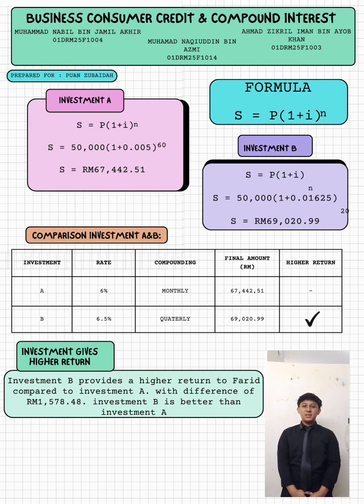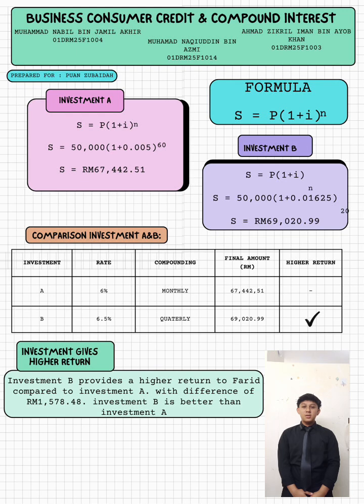Now, let's look at the comparison table. Investment A gives about 67,442 ringgit and 51 cents. Investment B gives about 69,020 ringgit and 99 cents.